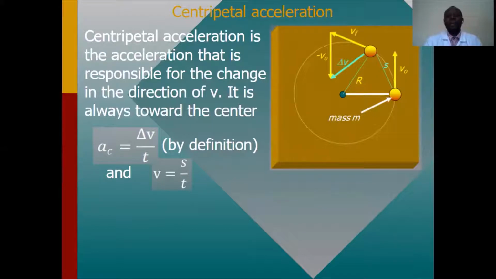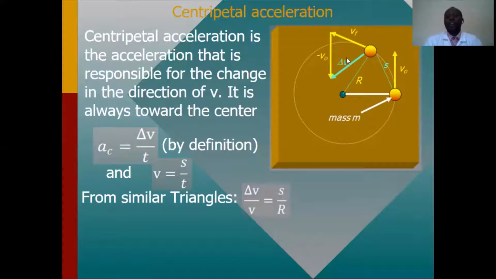From the figure here, we have two similar triangles. From the first triangle, we have the change of velocity is equal to final velocity minus v0.